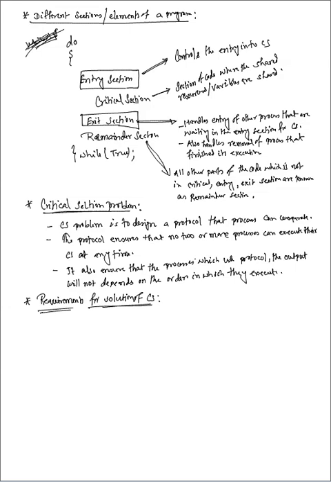If I elaborate in simple words, if there is no process inside the critical section and any other process wants to enter, then it is allowed to execute.